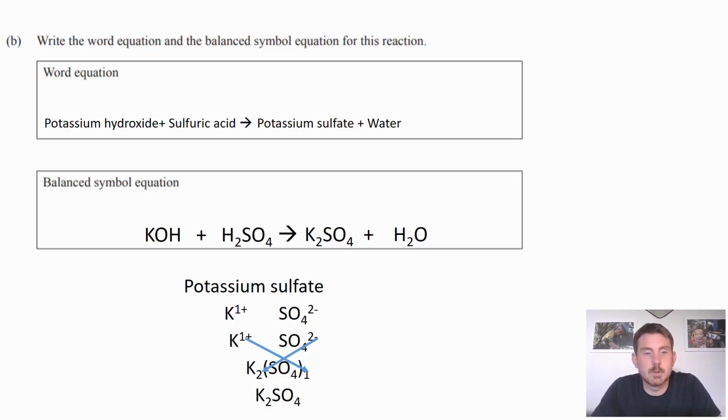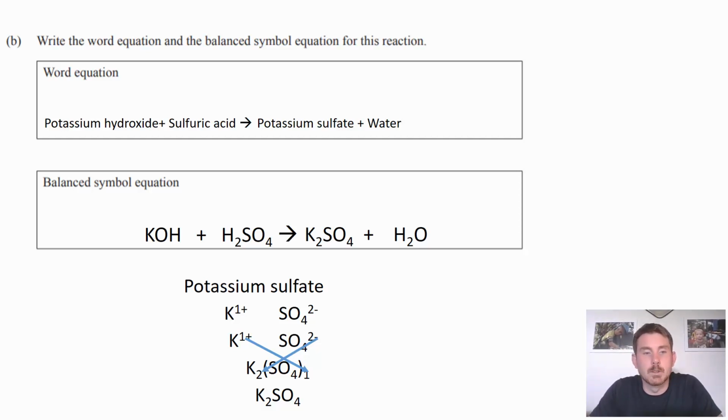So what I would do here is I would start from the left-hand side and I would count up the number of each individual element and total them up on the left-hand side and the right-hand side. And if they don't match up, then we need to put a number in front of the compound to balance the number of each element on each side of the equation.